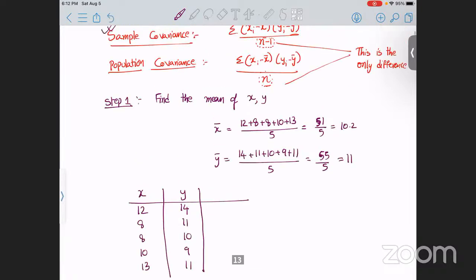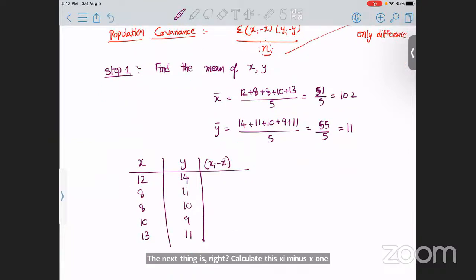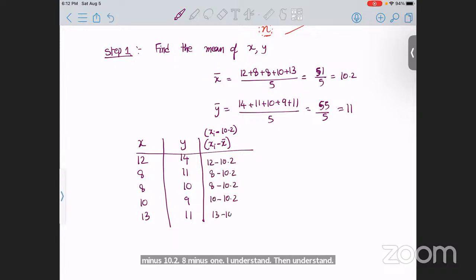So next thing is to calculate xi minus x bar. What is xi minus x bar? xi minus 10.2. That means 12 minus 10.2, 8 minus 10.2, 8 minus 10.2, 10 minus 10.2, 13 minus 10.2.